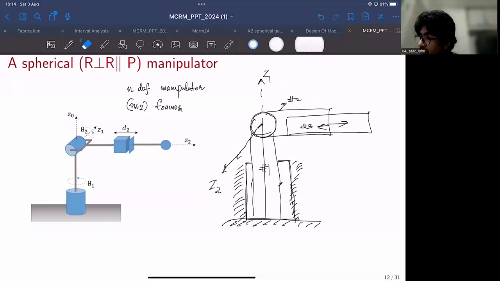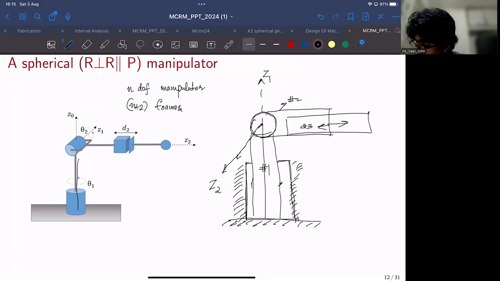In some cases you can have fewer frames than n plus 2. So how do we do this? We will start assigning the ground frame of reference. In this case we will stick with the convention. We will first identify the axes.